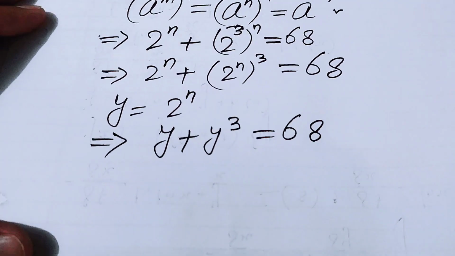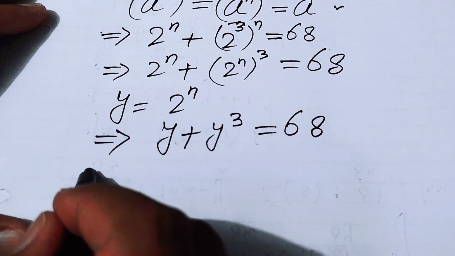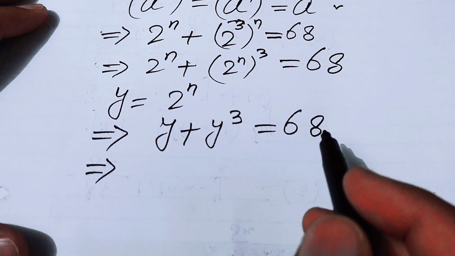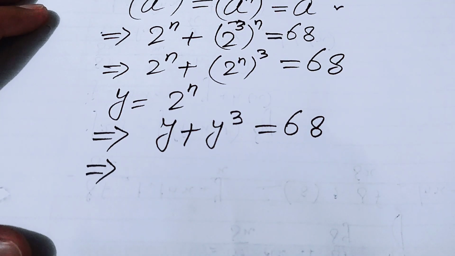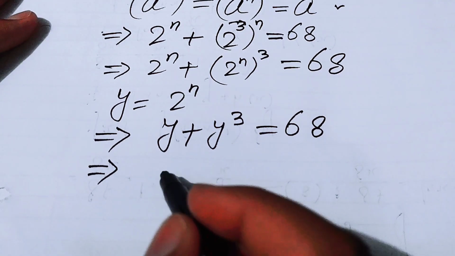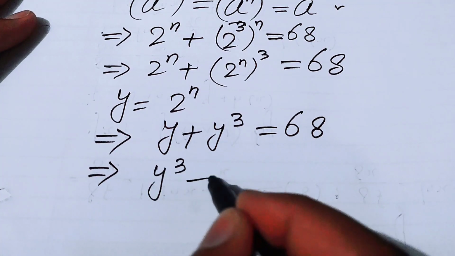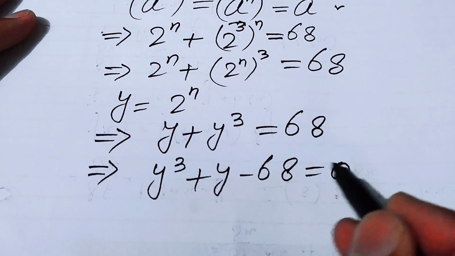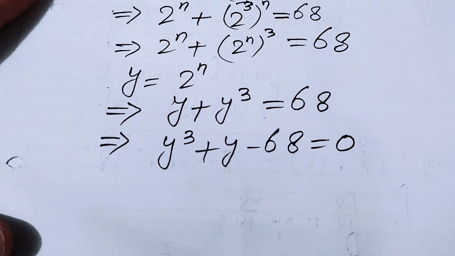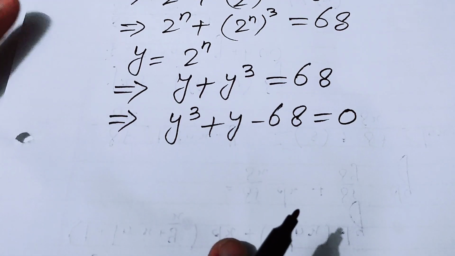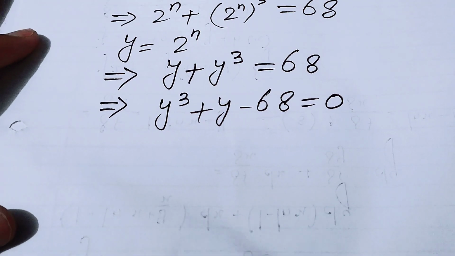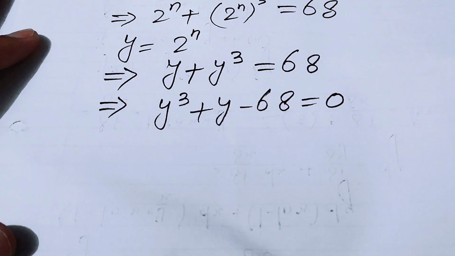68. Now we rearrange the terms and we move the term on the right hand side to the left hand side, so that we will get y cubed plus y minus 68 is equal to 0. So this equation becomes in cubic form, so that now we make the factors of this equation.